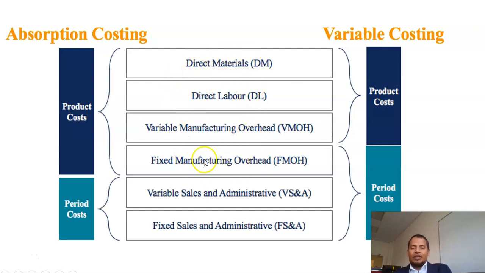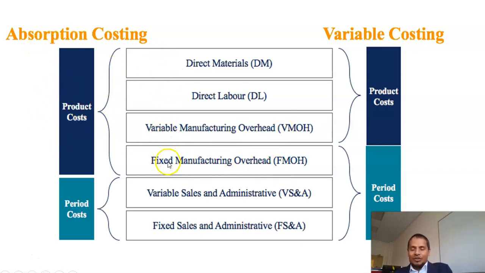Out of these manufacturing costs, in absorption costing, all the production related cost, material, labor, no question. Variable manufacturing overhead, no question. Fixed manufacturing overhead is also considered as product cost in absorption costing.